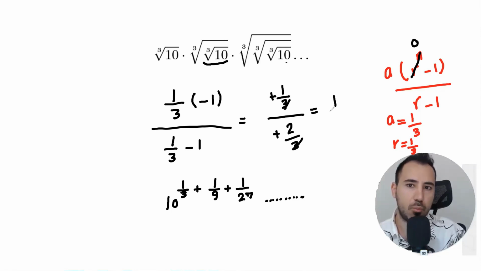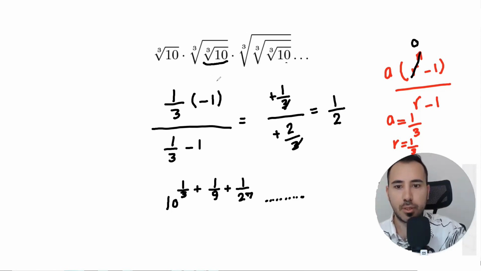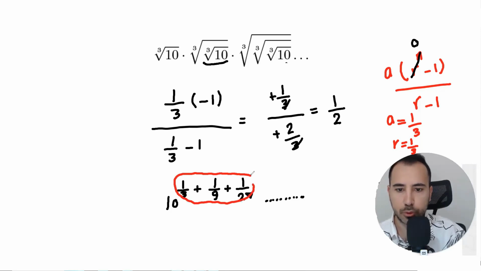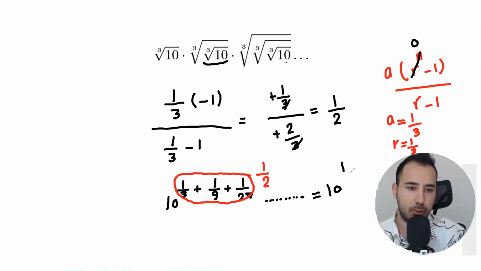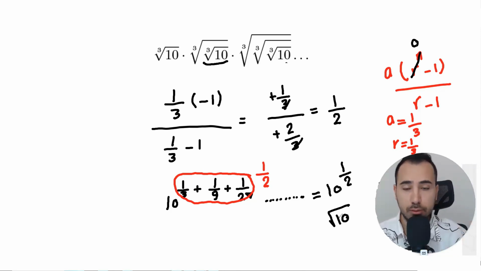So we're going to get 1 over 2. So that means all of this power part is 1 over 2. So if this is 1 over 2, the answer to the question will be 10 to power of 1 over 2, or square root of 10. So this is the end of our first solution.